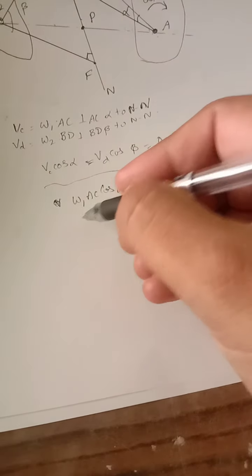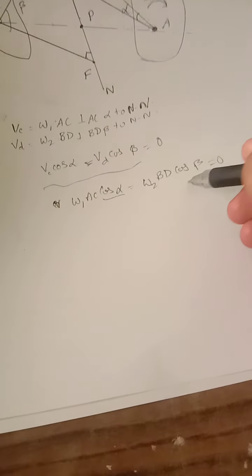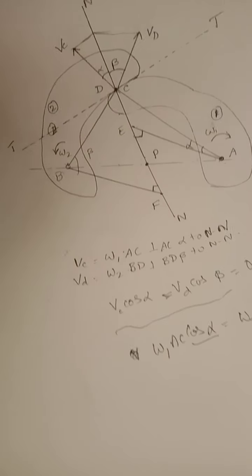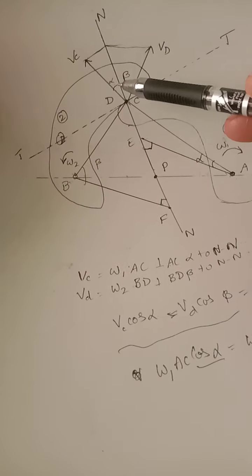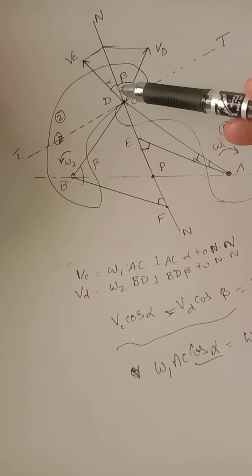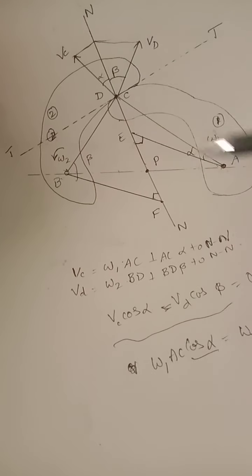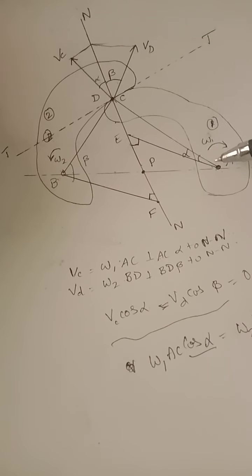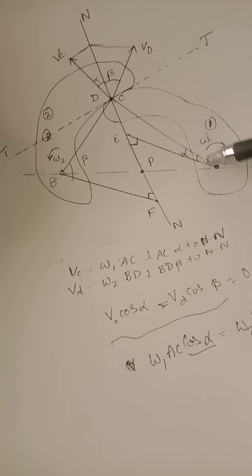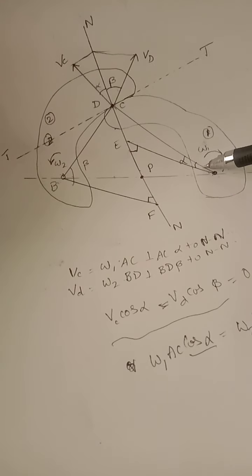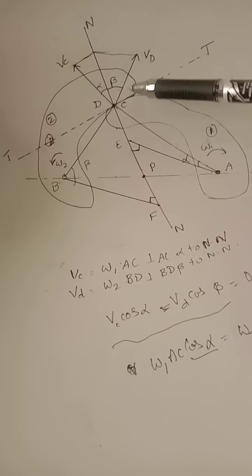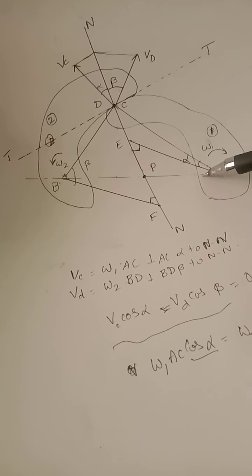Now what are cos alpha and cos beta? For that we'll go back to this figure. Here alpha is there, and according to geometry, this alpha and this alpha are vertically opposite angles. So AEC is also alpha.